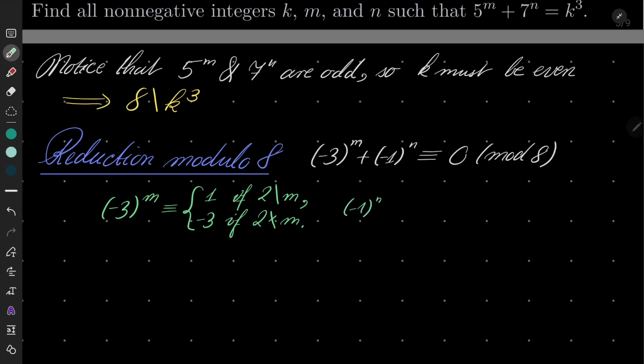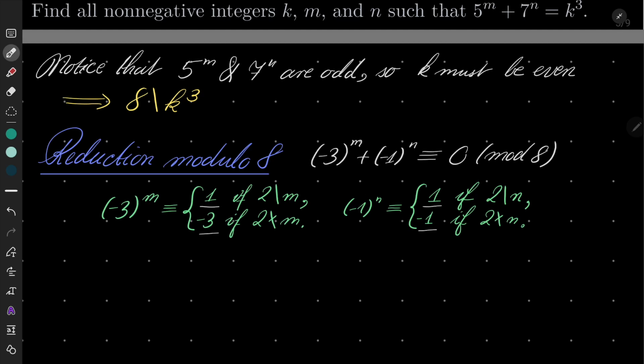Similarly, minus 1 to the power of n is either congruent to 1 or minus 1. It's congruent to 1 if n is even, and it's congruent to minus 1 if n is odd. Okay. And now look, when can the sum of one of these numbers and one of these numbers be congruent to 0?